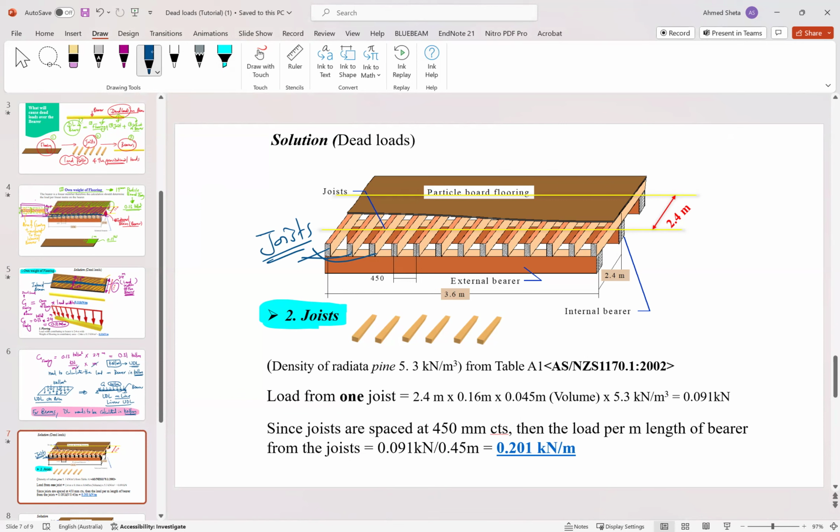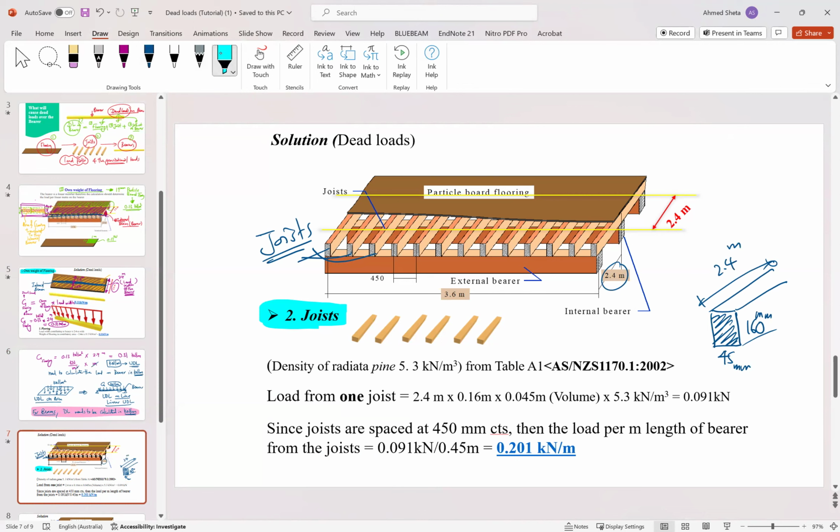So the joists are given as radiata pine members. The dimensions are 160 times 45 millimeter. So this is one of the tricks here. And how much is the length of each joist? The length of each joist is 2.4 meter.